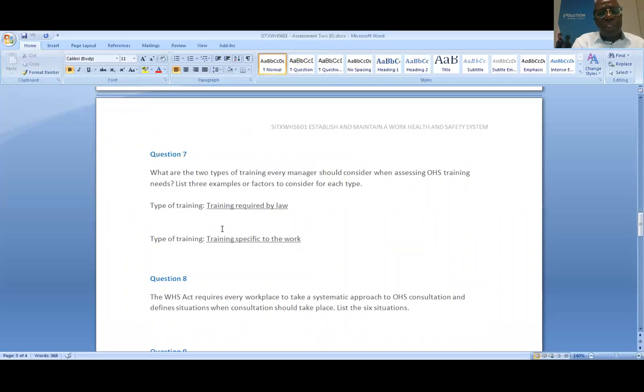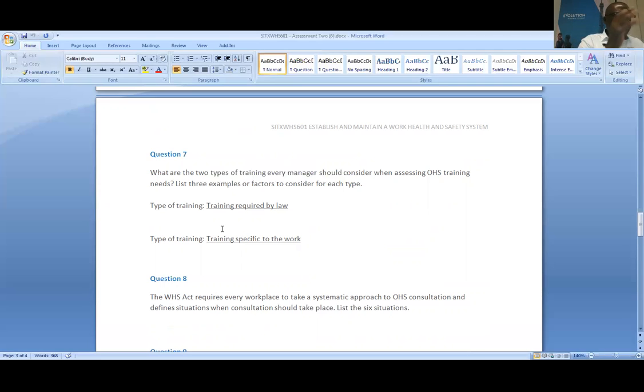They also ask, for instance, question number 7, what are the 2 types of training every manager should consider when assessing WH&S training needs? List 3 examples or factors to consider for each type. What is the type of training required by law? What does the law state we should have? And then what is the type of training specific to the work?